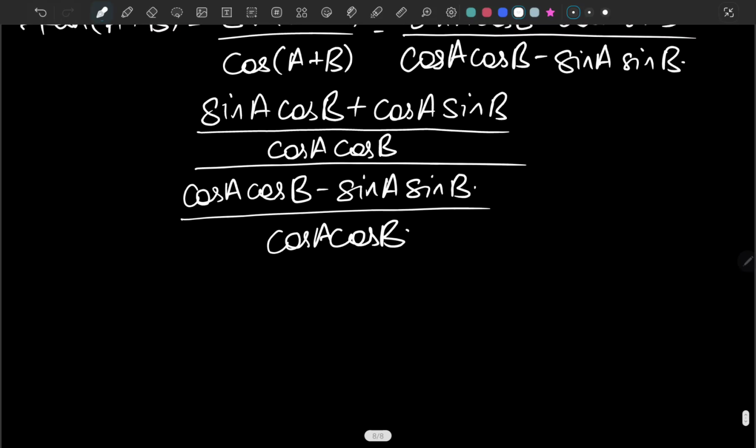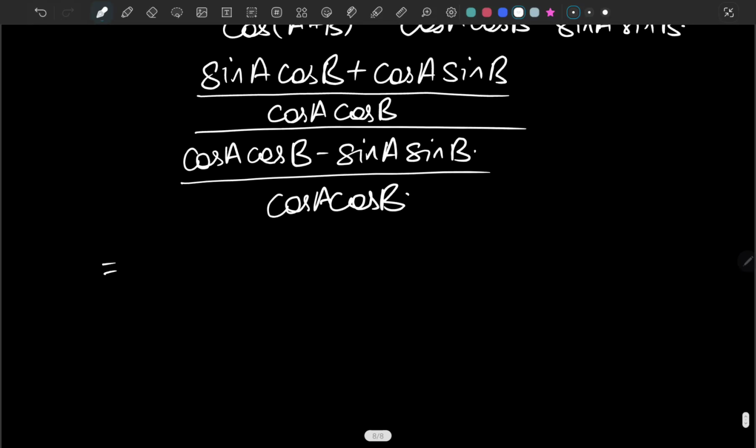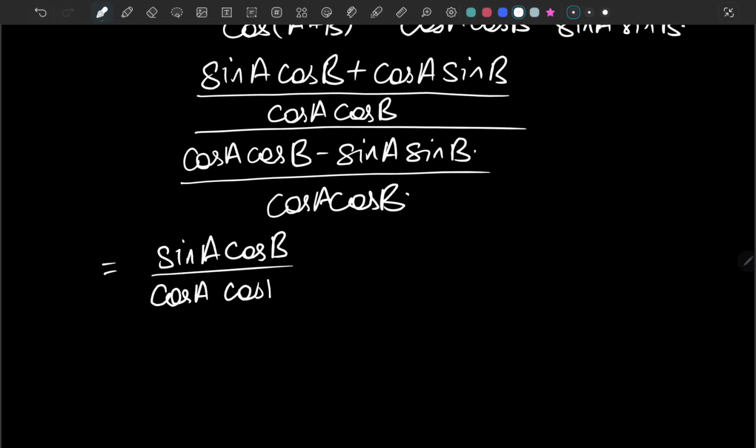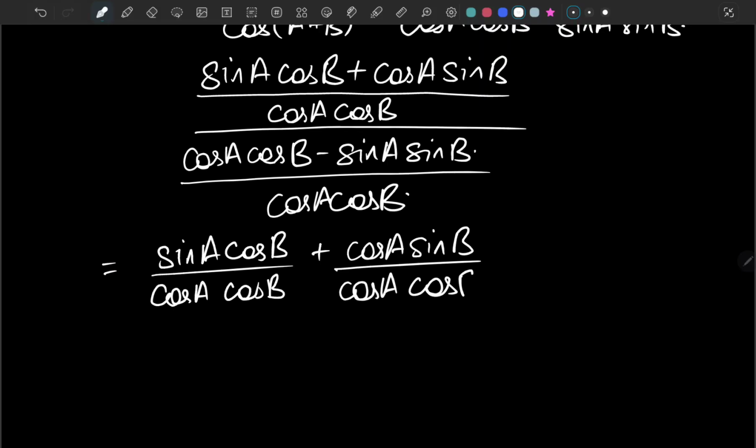Right. So let's just solve this out. It's sine of a cosine of b over cosine of a cosine of b, right? And this can be written as cosine of a sine of b over cosine of a cosine of b, right?